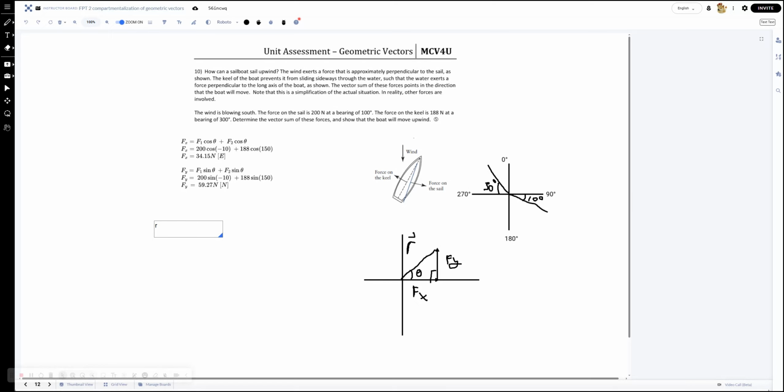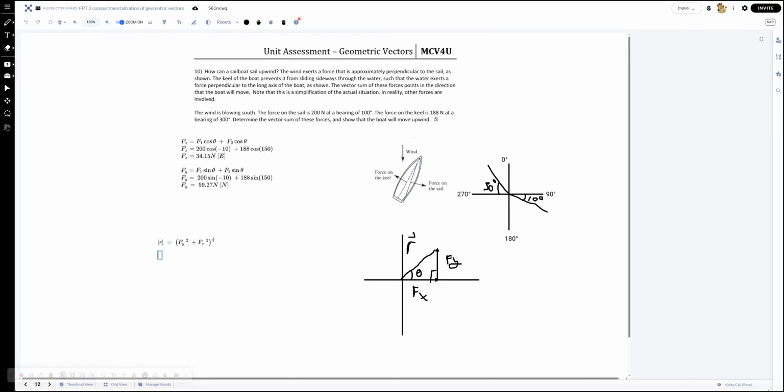You can see that the magnitude of R is equal to the square root of the horizontal component of the resultant squared plus the vertical component of the resultant vector squared. And we take the square root of that, so to the 1 over 2.